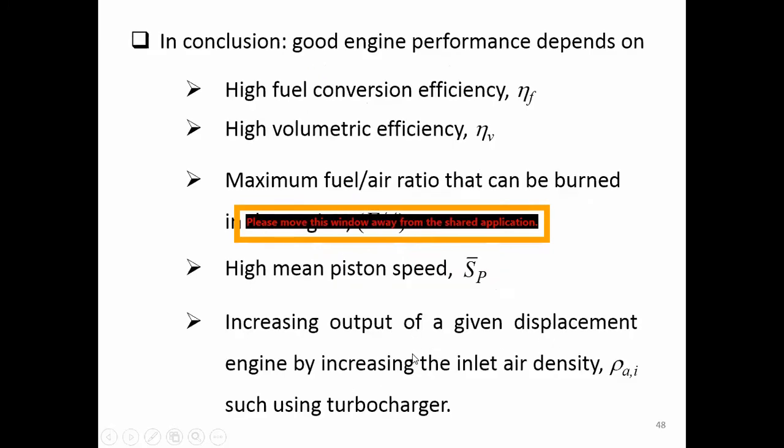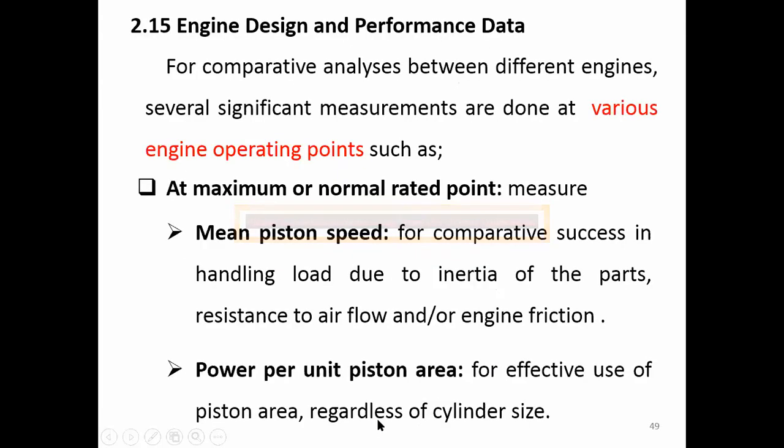So you have to increase the inlet air density. How can we increase the inlet air density? By using turbochargers. Okay. So that is the conclusion for good engine performance, after we know the performance parameters.